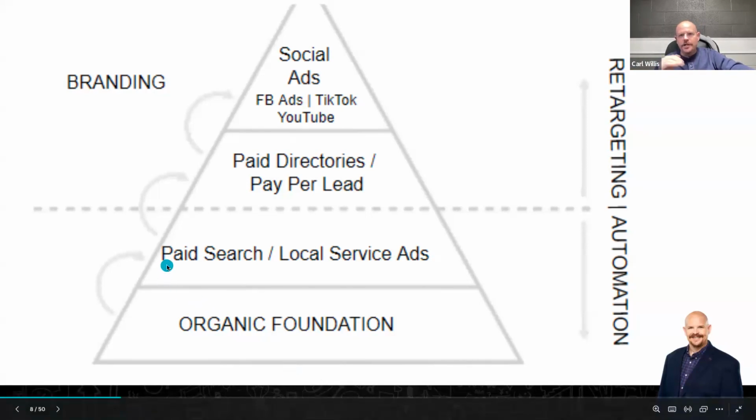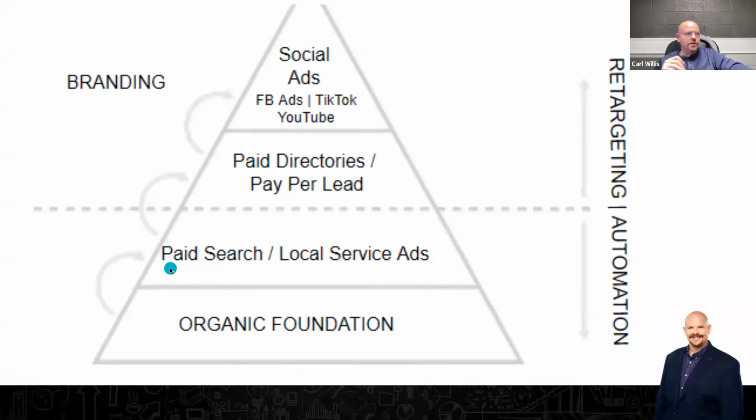From there, the next place that you would want to put budget would be your paid search. That's going to be your Google ads, your Bing ads. And then if you're doing financial planning, you can use the local service ads as well. From there, the next place you would maybe want to consider putting money in ad spend would be your paid directories, pay-per-lead programs. But there's a little caveat to that.